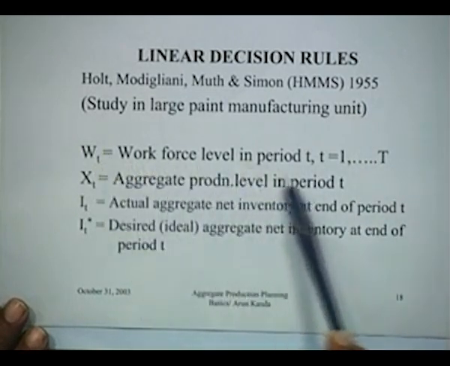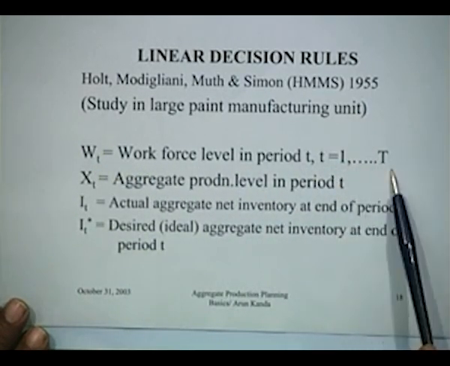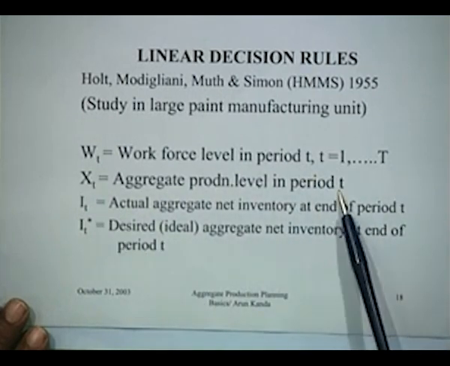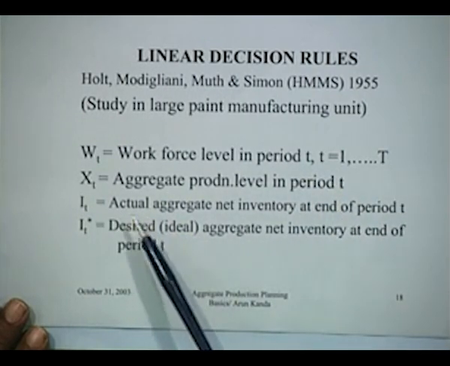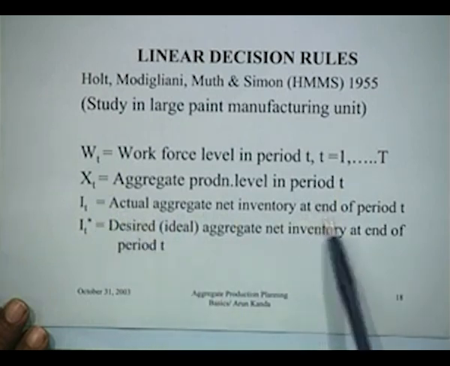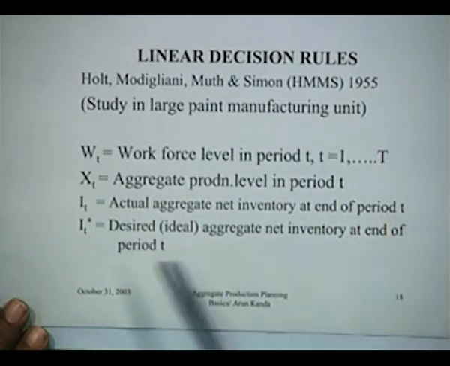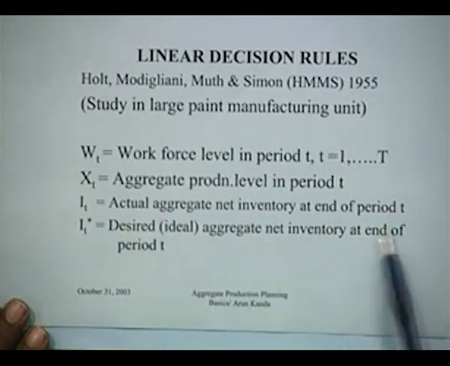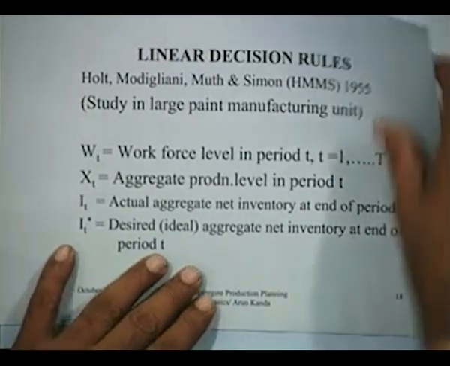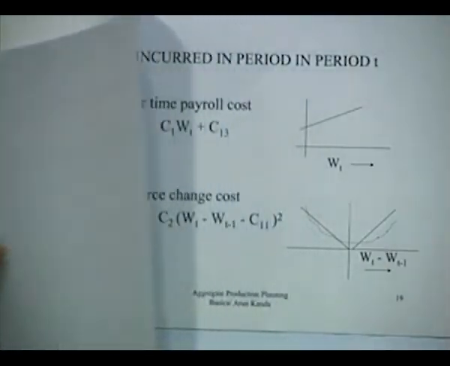Wt is the workforce level in period T, T going from 1 to capital T. Xt is the aggregate production level in period T, It is the actual net inventory at the end of period T, and It star is the ideal aggregate net inventory at the end of period T. Okay.